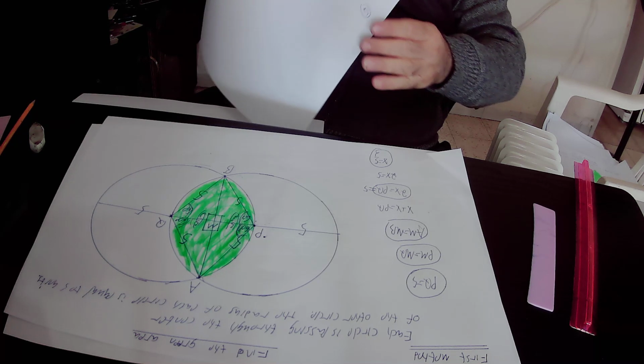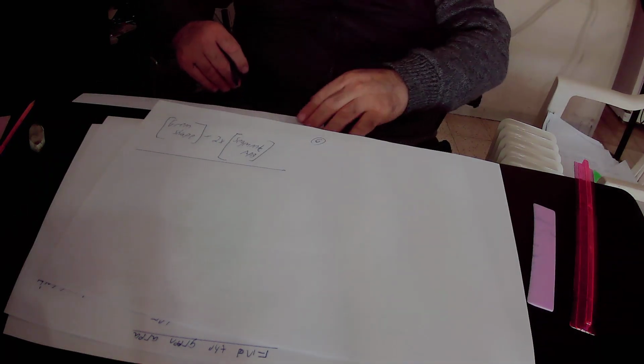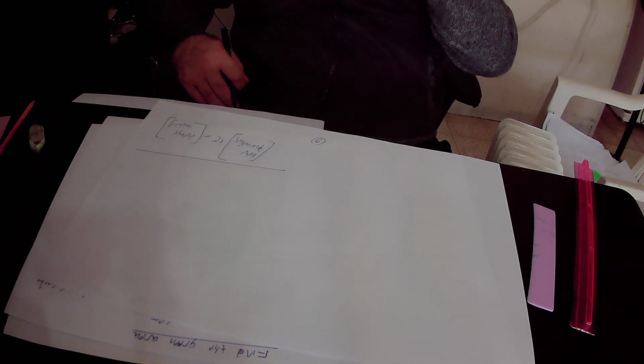I repeat again, the area of the green shape equals 2 times the area of segment APB.